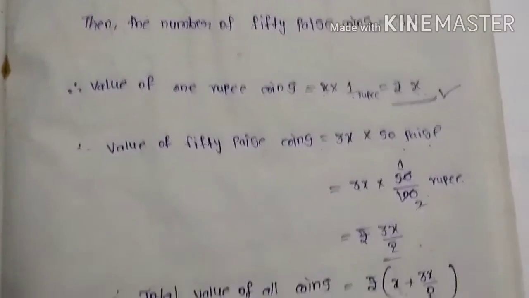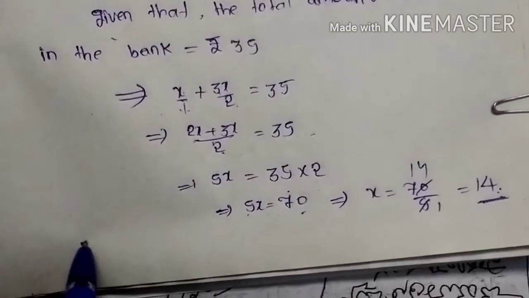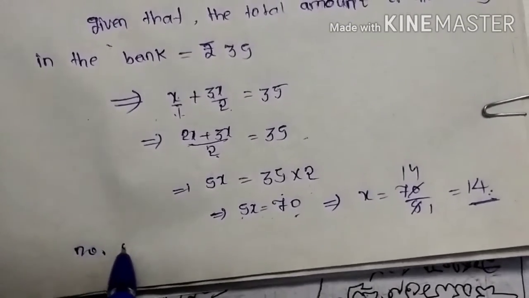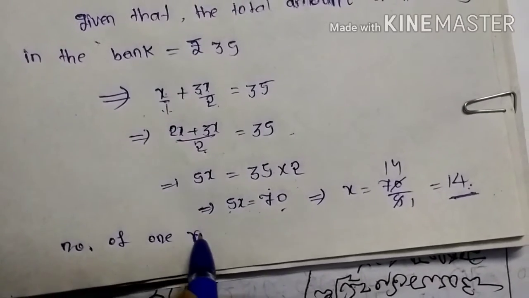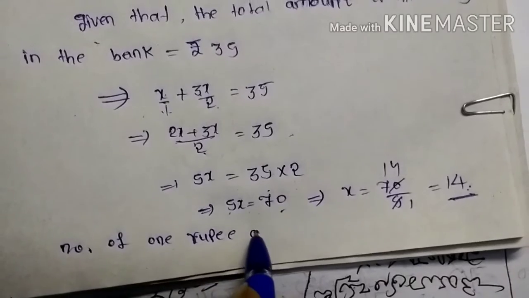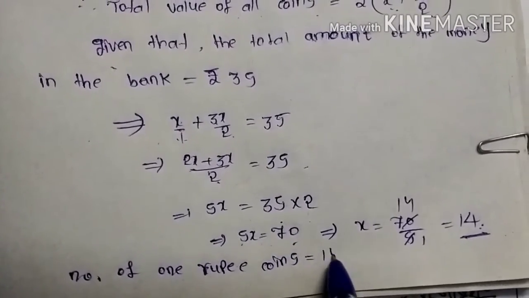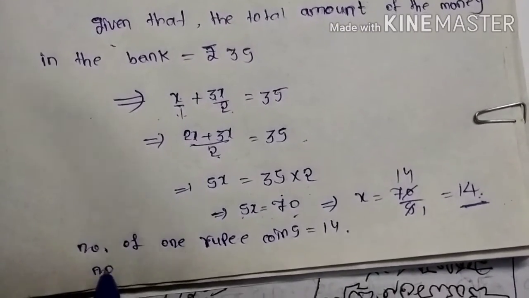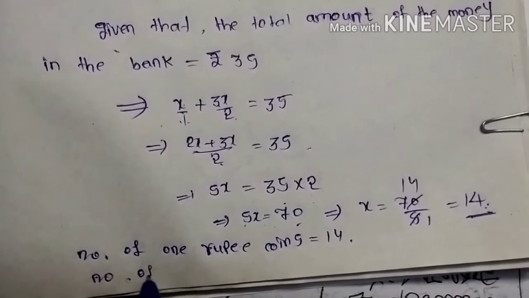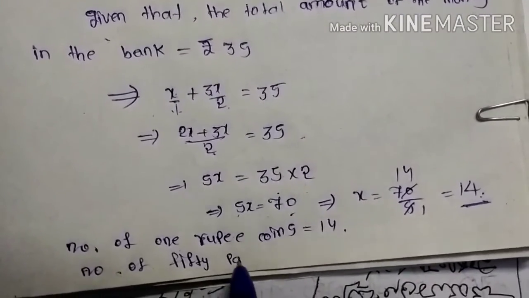That means x, what is that x here? Number of 1 rupee coins. Number of 1 rupee coins here how much? 14. You can write: number of 1 rupee coins is equal to 14. Then you need to find the number of 50 paisa coins.